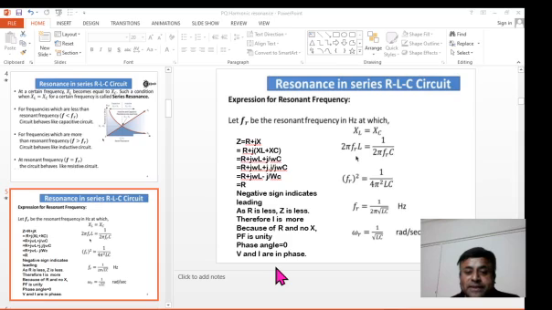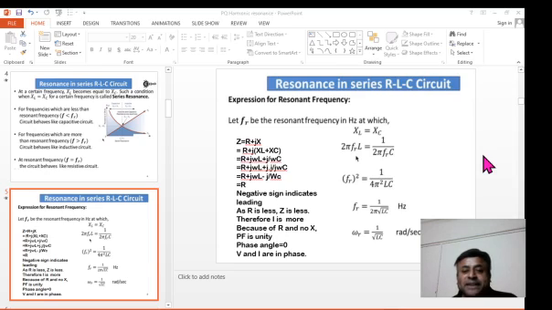So what will happen under this condition at resonance? When R is less, the current will have a tendency to flow through resistance R, because the current will find a resistive path to flow across. Therefore, maximum current will flow, and the current will be maximum and Z will be minimum.